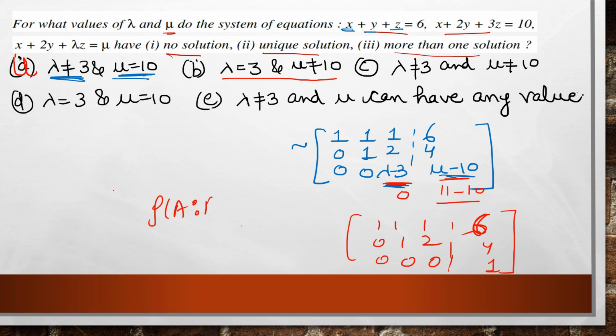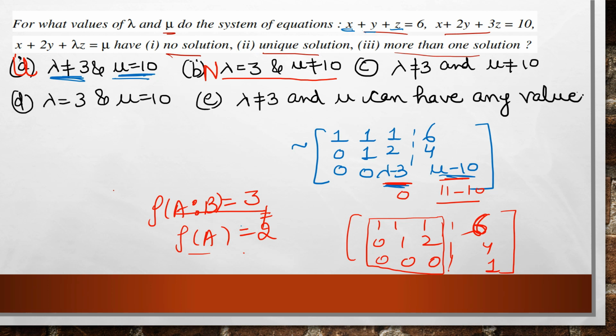It will be 3. But what is the rank of A? A means only this matrix. How many non-zero rows are there? So 2. So the rank of the augmented matrix is not equal to the rank of A. So that means this is the case of no solution. So I have written N here. Okay. Now let's move to the third option.